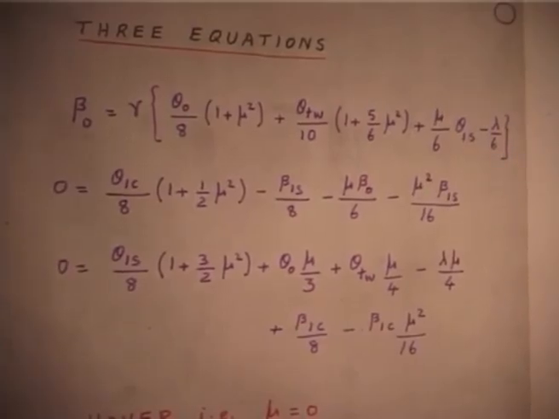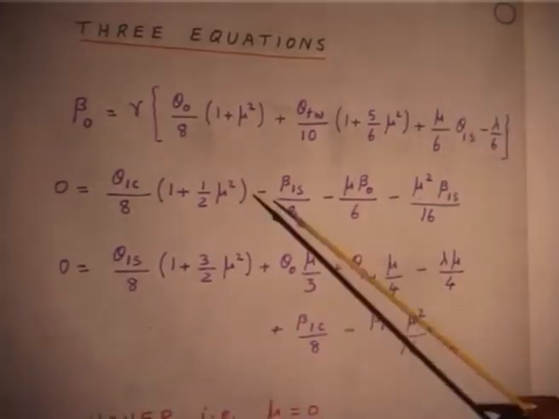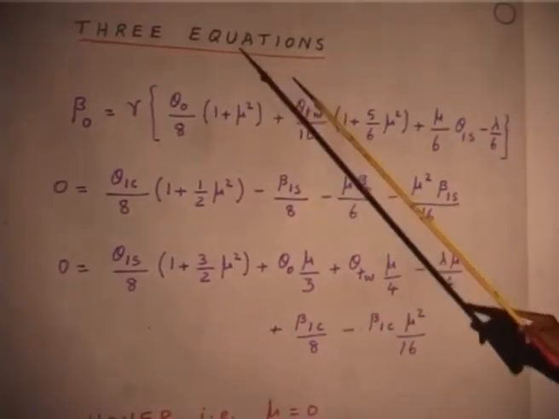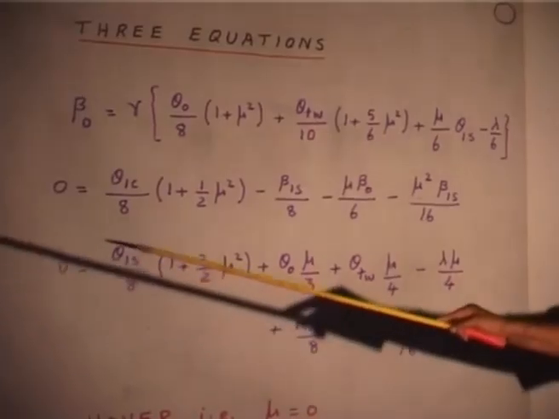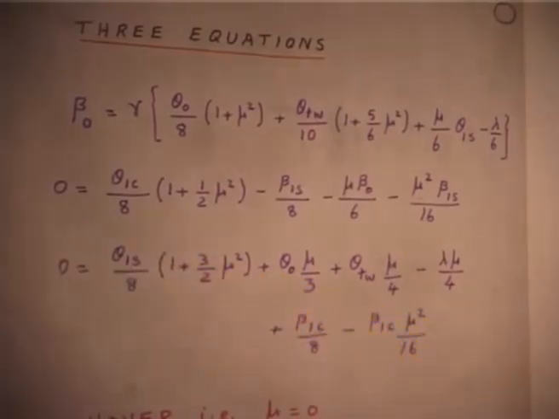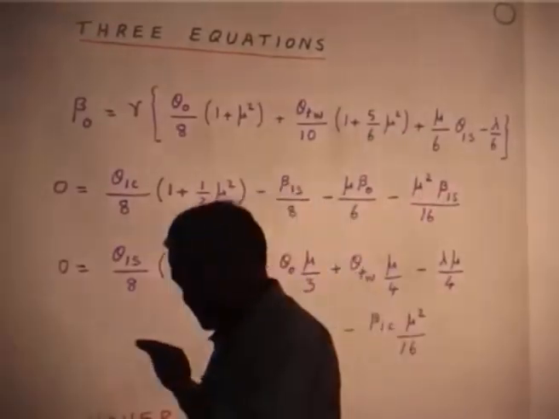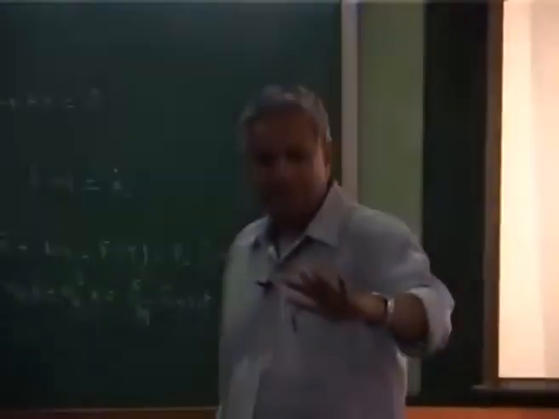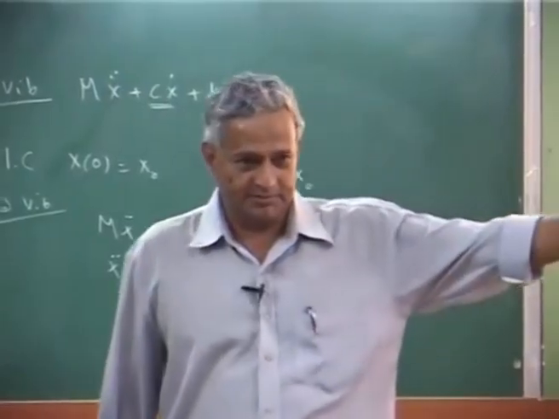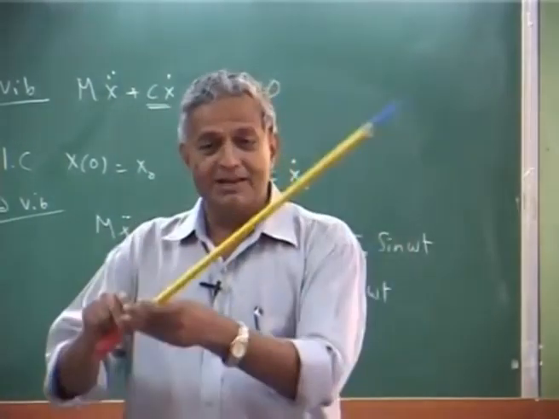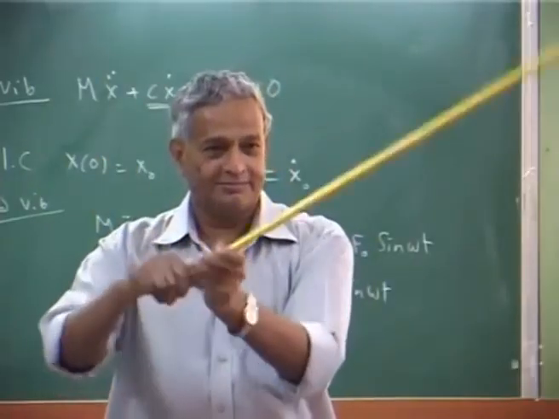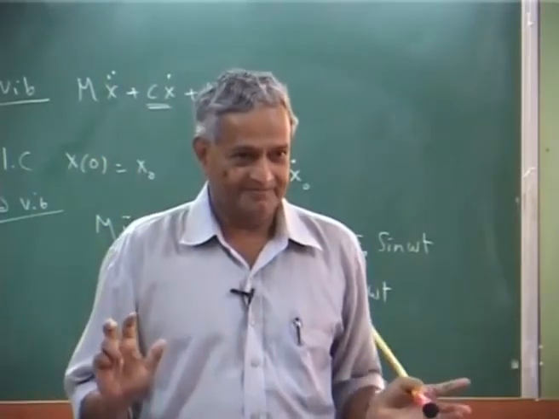So, if you are given theta naught, theta 1c, theta 1s, mu, lambda, gamma, you can get beta naught, beta 1c, beta 1s. That means, if you are specified the operating condition of the rotor, I can get the flap response. Steady state flap response, please understand, steady state means the blade will keep on doing the same thing, okay.